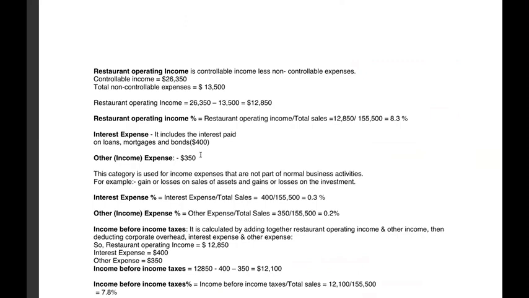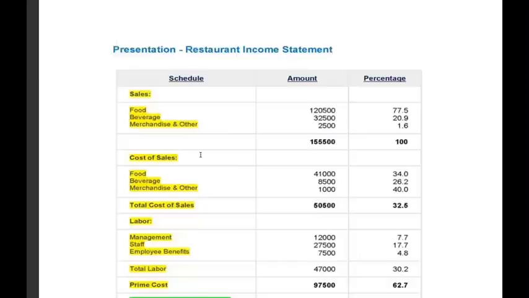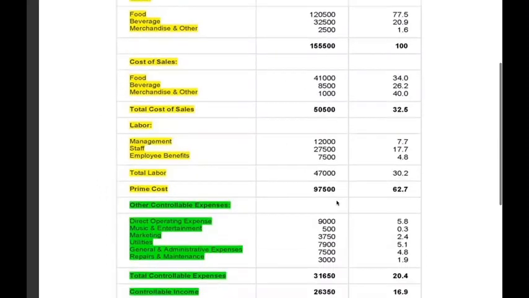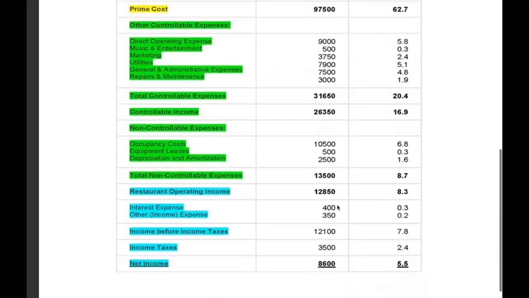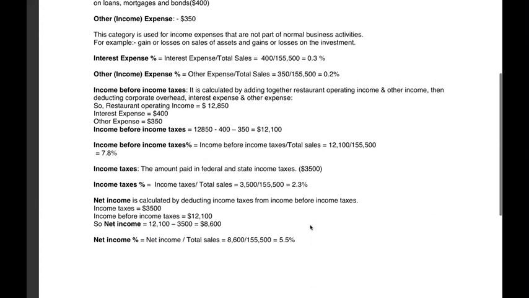Next is interest expense. Interest expense is interest paid on the loans, mortgages, and bonds. And then there is another category, other income expense. This category is used for income and expenses that are not part of normal business activities, for example, gains or losses on assets and gains or losses on investments. In the table, our interest expense is 400 and other income expense is 350.